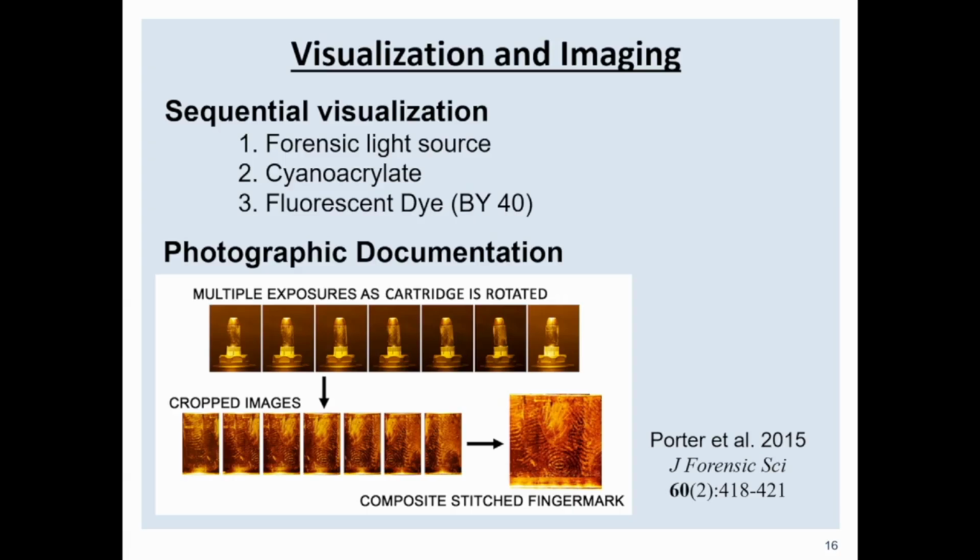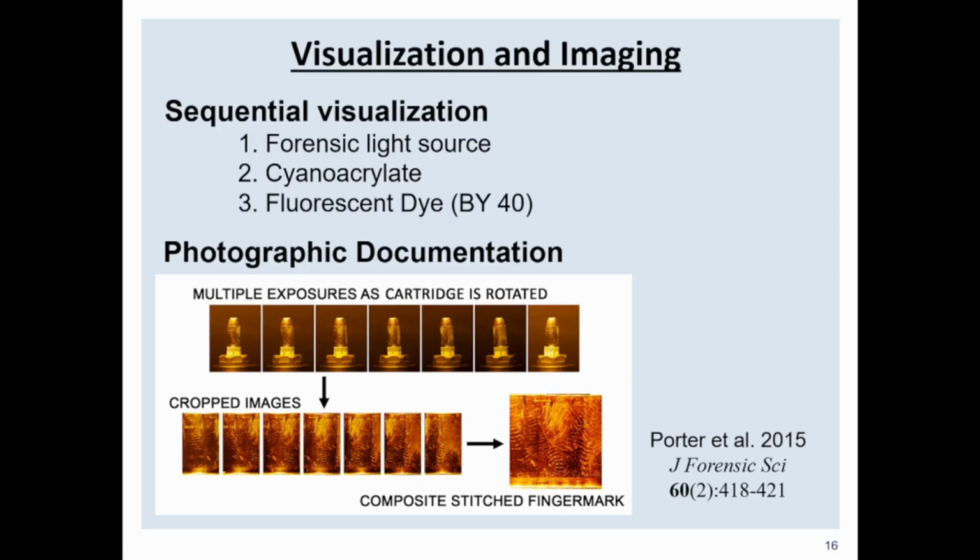The visualization method that we used is to take a sequence of photographs, rotating the bullet around and taking pictures of the cartridge from different sides, and then stitching them together and making a kind of panoramic view of the cartridge case. This is a published method going back to 2015.